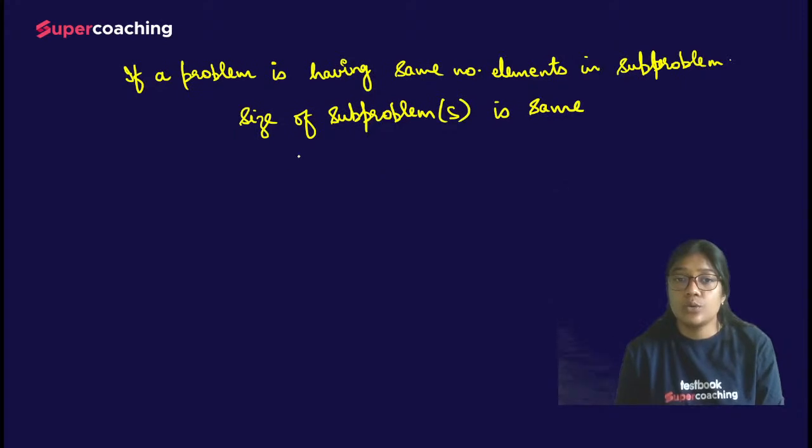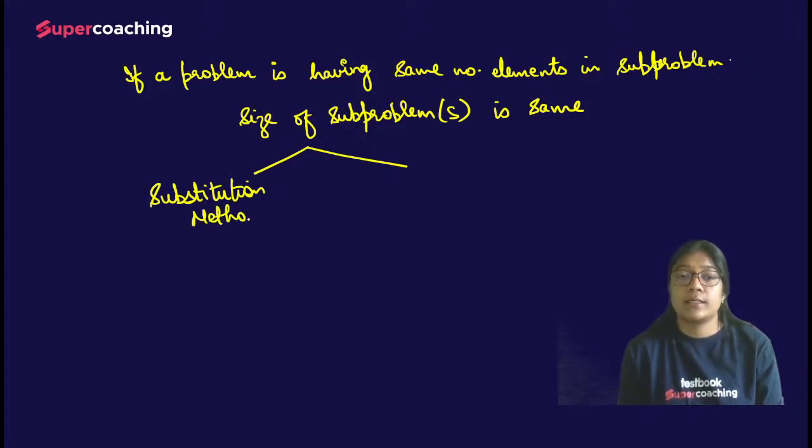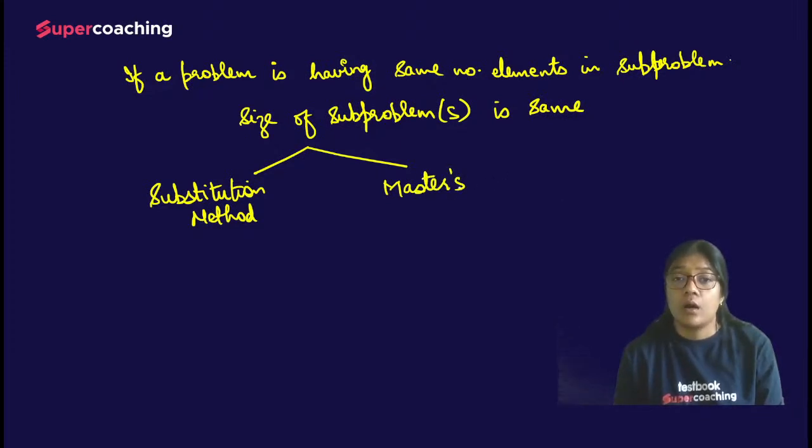then we can use two methods. One is the substitution method and the other is simply the Master's theorem. So you can use both methods. But in Master's theorem there is a further constraint.